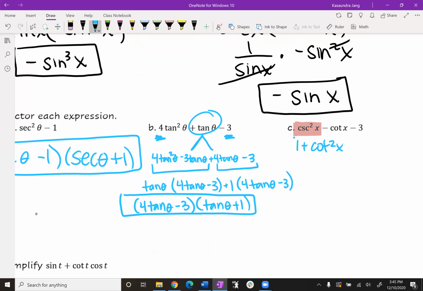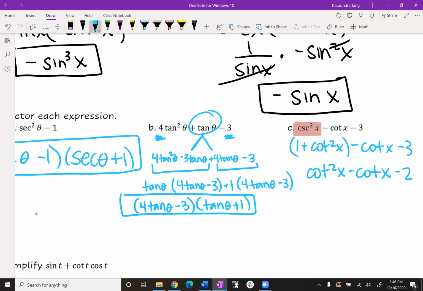I think this helped us out because now they're all cotangents. They're the same trig function. Nice. Okay. So if I combine my like terms, cotangent squared doesn't have any like terms, my plain cotangent has no like terms, but my constants, I have a 1 and a negative 3.